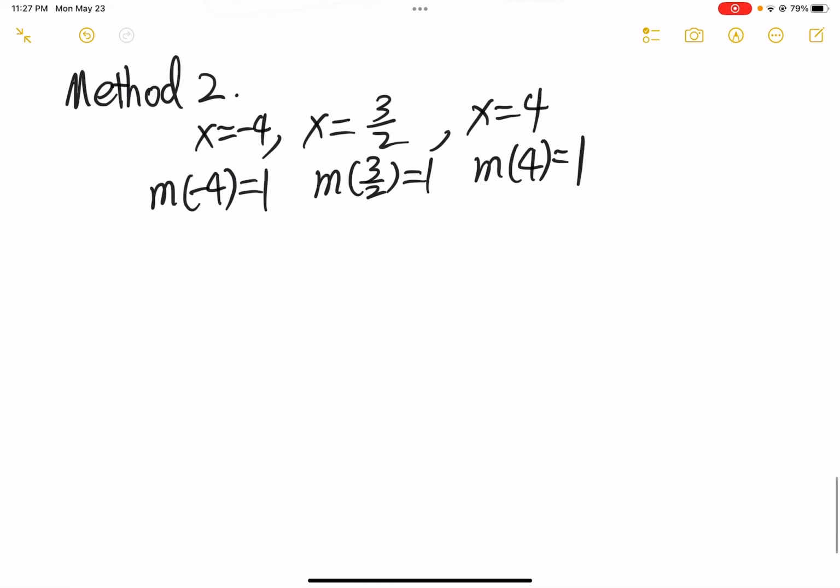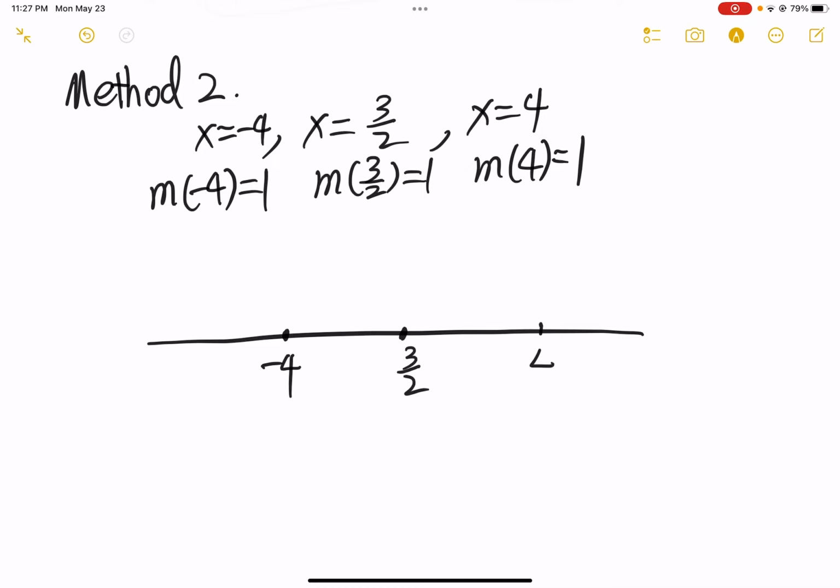So every time the curve meets a zero, you will cross that point. So you will locate negative 4, 3 over 2, and 4.